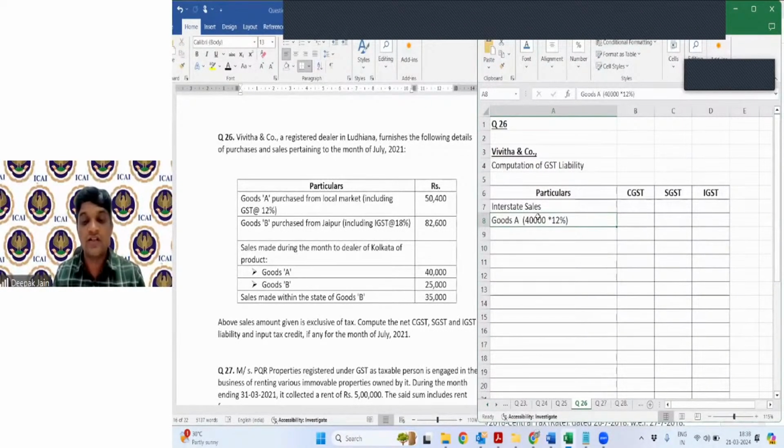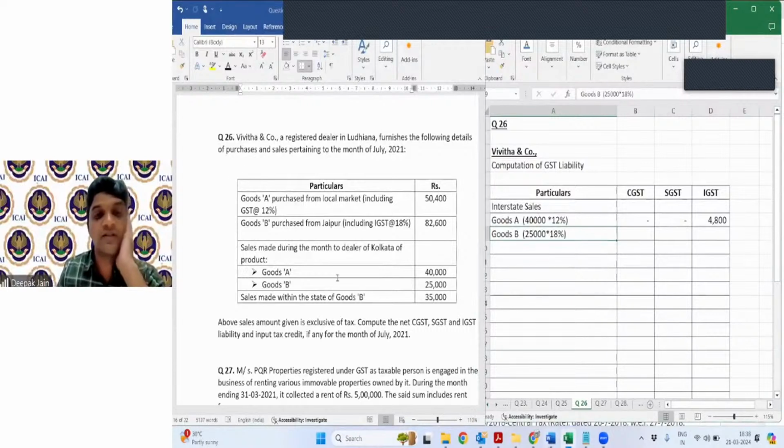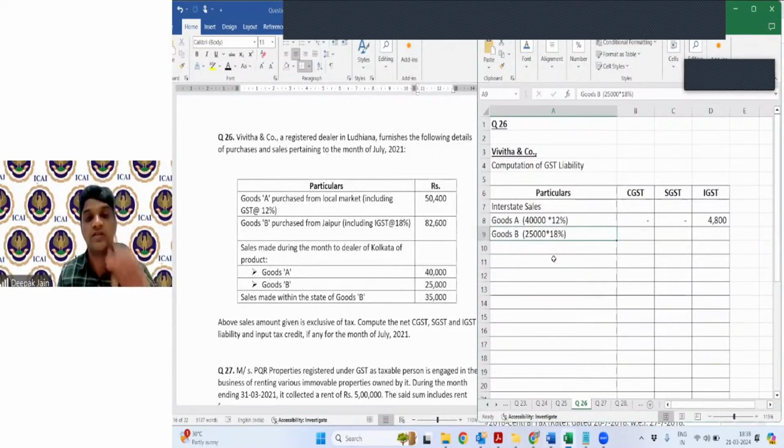Goods A, 40,000 at 12%. IGST on 40,000 at 12%. Goods B is purchased at 18%, so I will charge 18% here. Goods B, 25,000 into 18%. Again, this is an interstate supply.